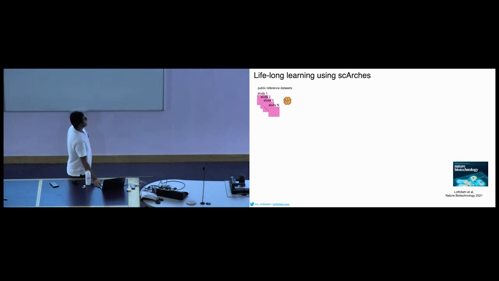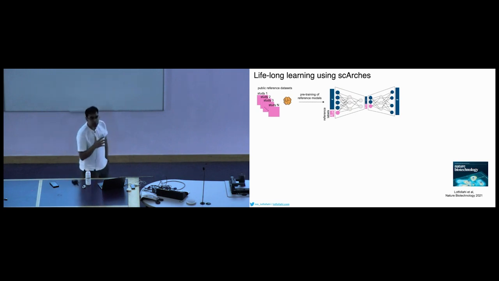I think that was part of my PhD where we proposed a method called SCArches to basically allow reference mapping for single-cell biology. And this method is based on leveraging state-of-the-art generative models in single-cell genomics to correct batch effect.